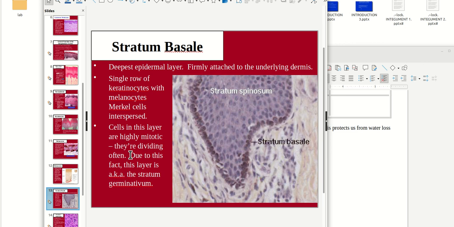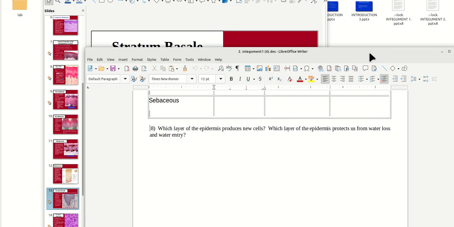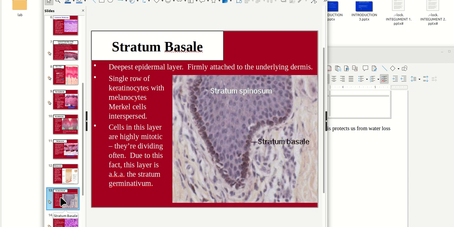That means they're dividing. So yes, it's a certain layer, but this is the one where you're actually dividing. Now, it says which layer of the epidermis produces new cells. There are several things you could give me, but this is probably the best answer.